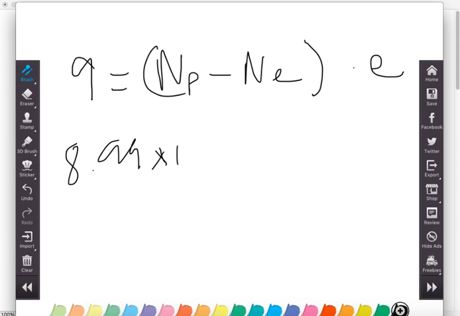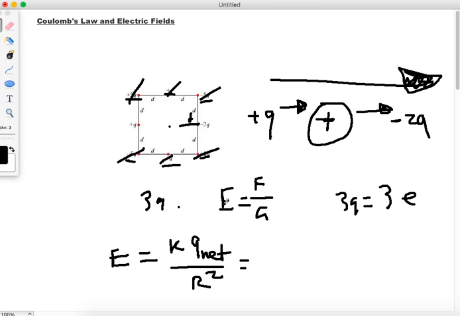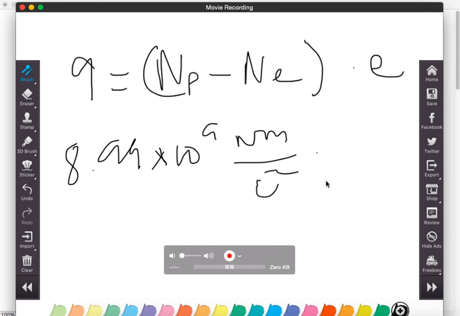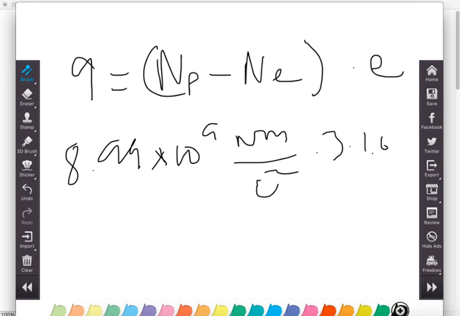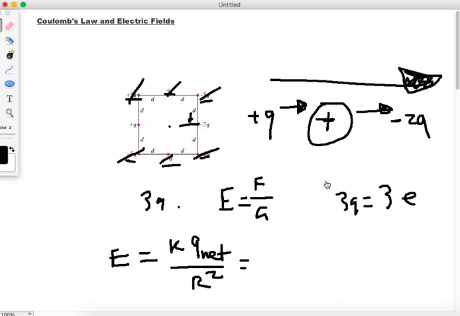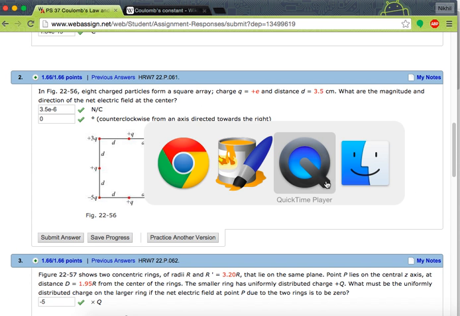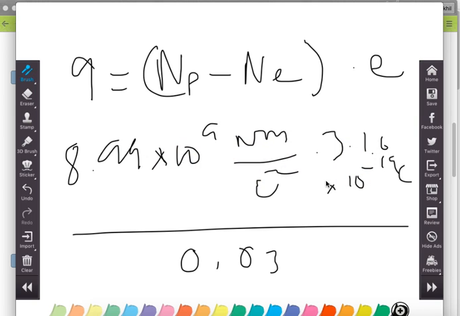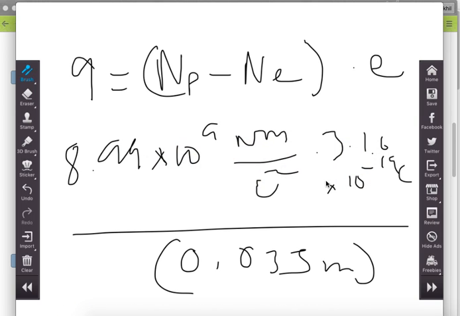8.99 times 10 to the 9th newton meters squared times, so let's see what it is. Let's go. 3e, so 3 times e, 1.6 times 10 raised to the minus 19 coulombs, all over, how many was it? 3.5, 3.5 meters squared.